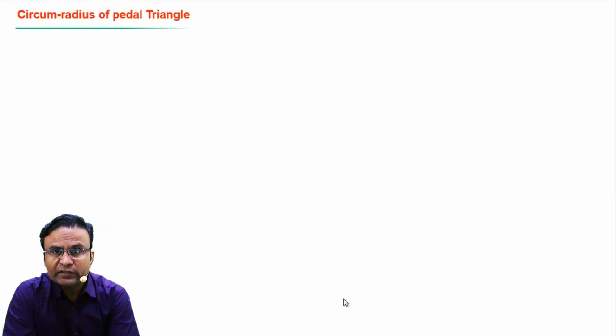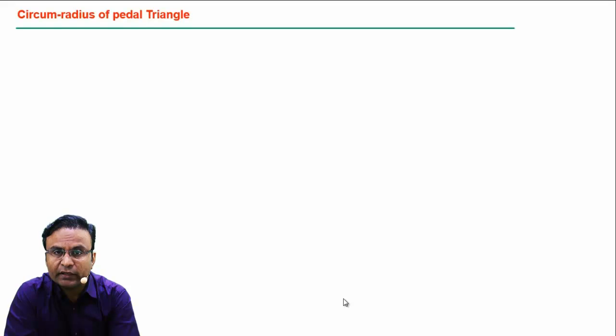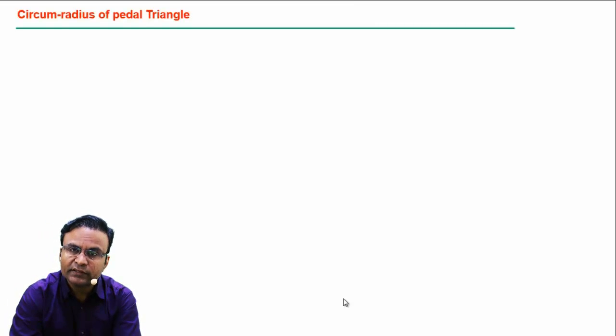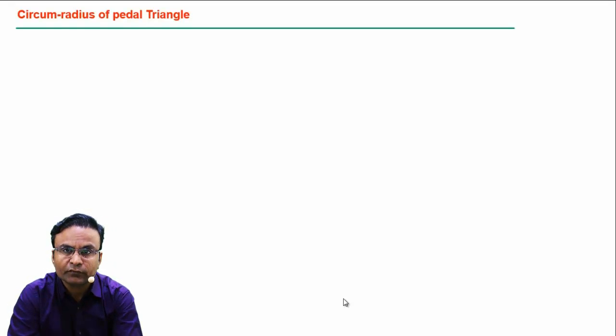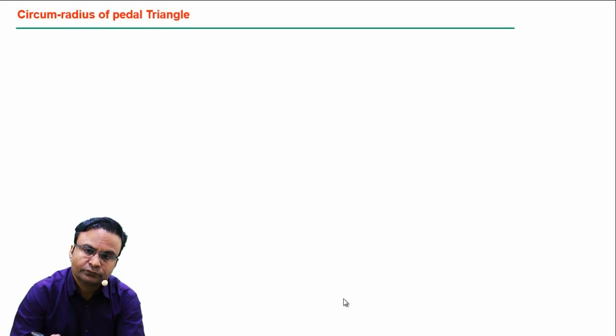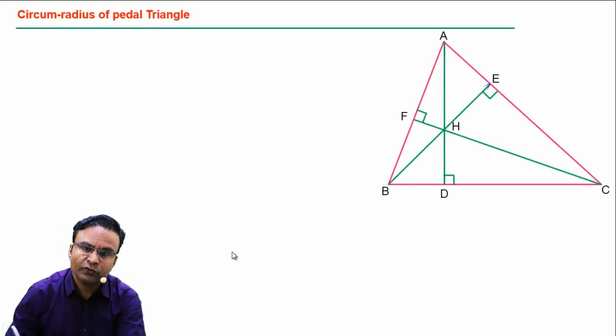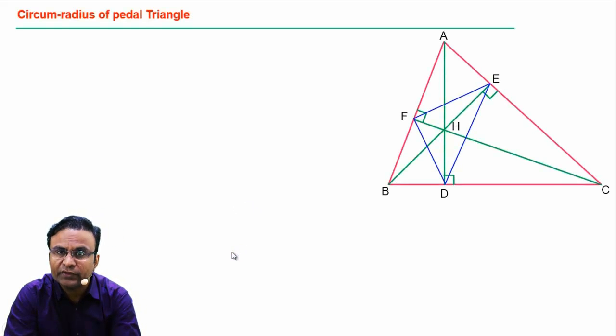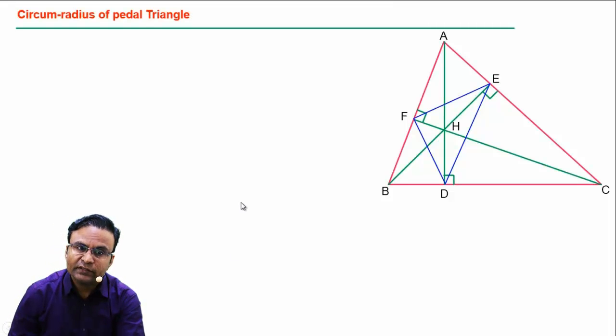Let's see now what is the circumradius of the pedal triangle. First of all, tell me how you find the circumradius of any triangle. Which rule uses the circumradius of a triangle? Certainly the sine rule. So first of all, consider triangle ABC with pedal triangle DEF. Now we have to find the circumradius of pedal triangle DEF.